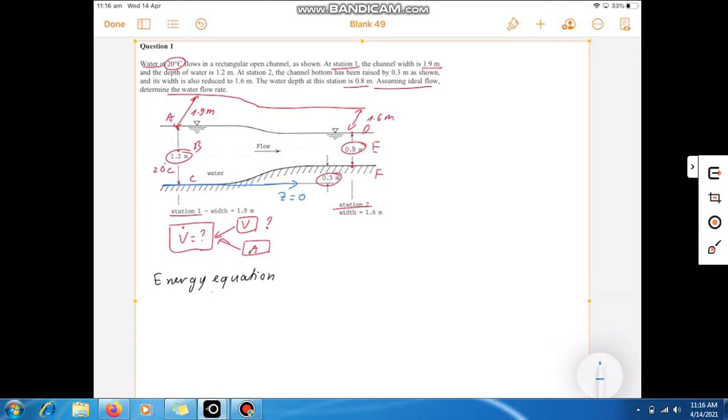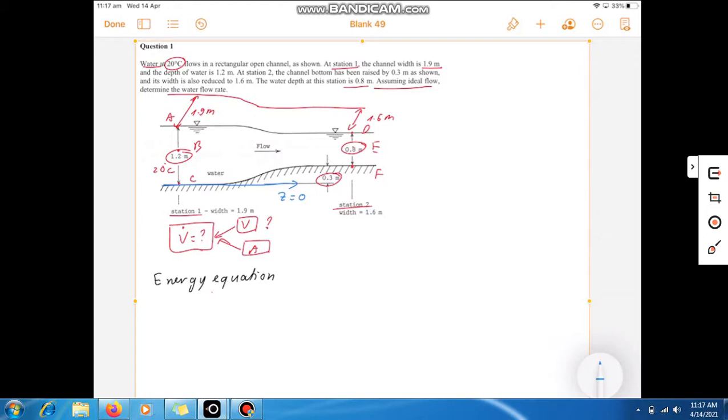Velocity is what we have to find. So we have to choose 2 points where we know pressure. In this case, at points B, C, E, F, we don't know pressure. If this were fluid static, we would know pressure: PB equal to PA plus rho g times 0.6, PC equal to PA plus rho g times 1.2, for example.